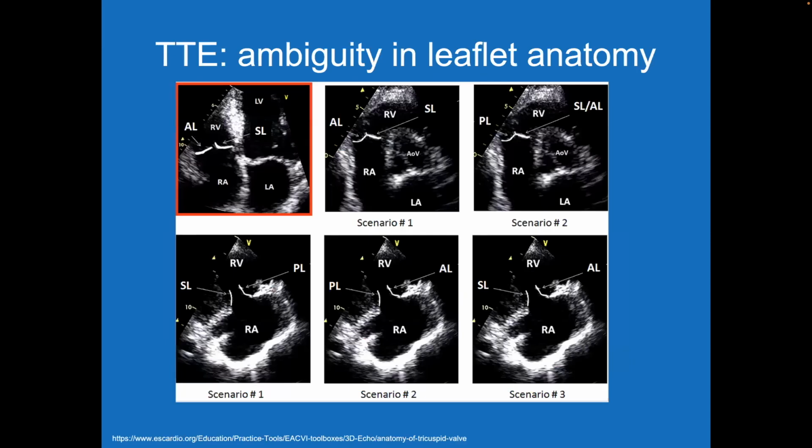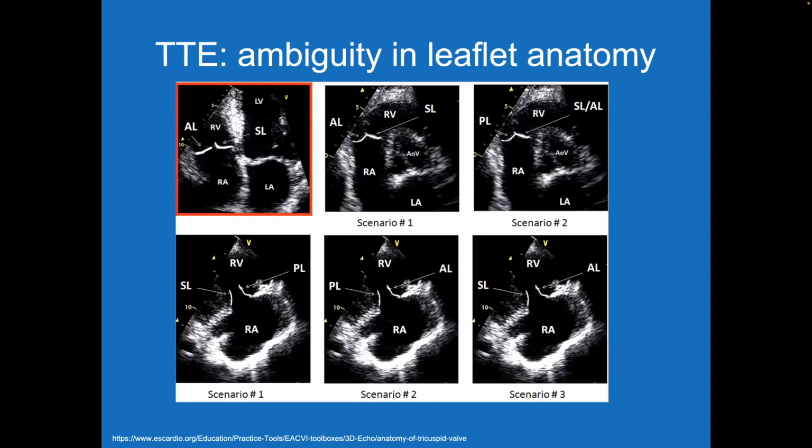So this is just a pictorial from transthoracic from the European guidelines, just looking at some of our typical views. On the top left is the apical four-chamber, and then the two pictures to the right of that are an aortic valve short axis or RV inflow outflow view.